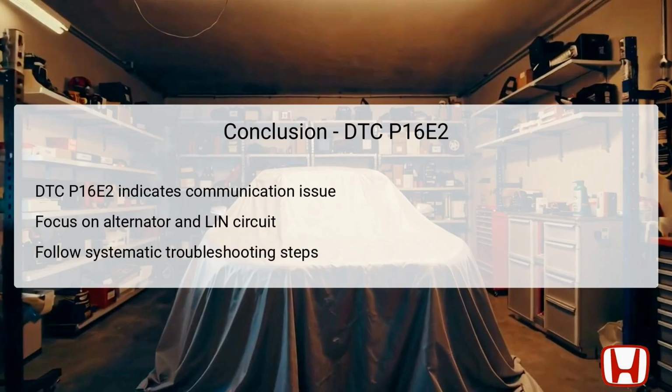In conclusion, DTC P16E2 signals a communication error involving the PCM and the alternator via the LIN network. Understanding the roles of the alternator, PCM, and associated wiring is crucial for effective troubleshooting. By systematically following outlined inspection and troubleshooting steps, technicians can accurately diagnose and resolve the problem.